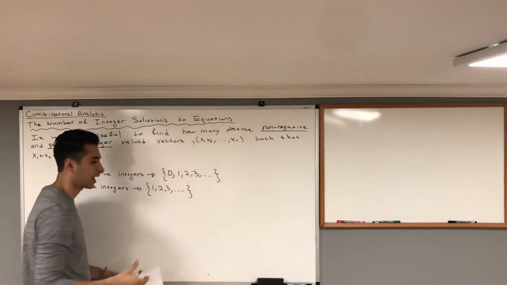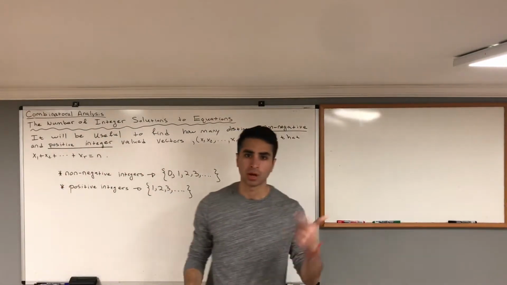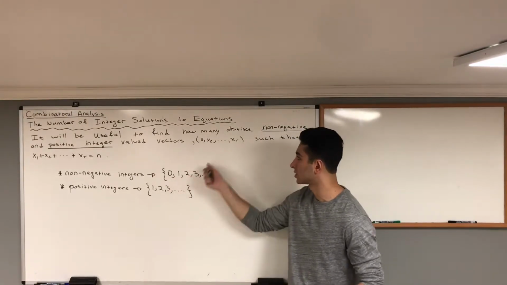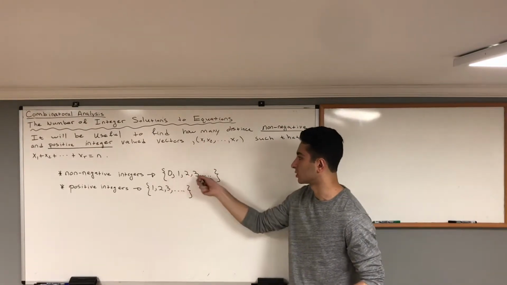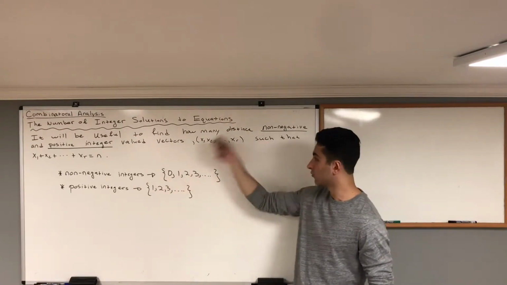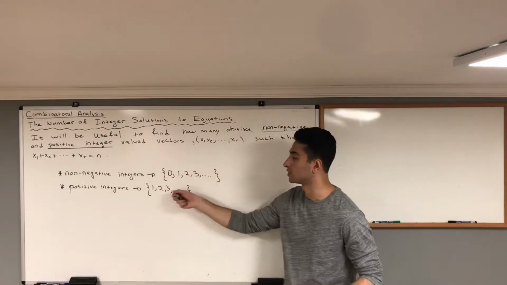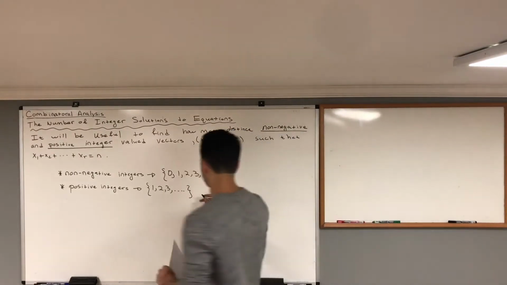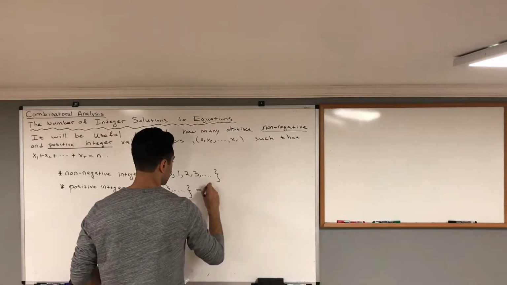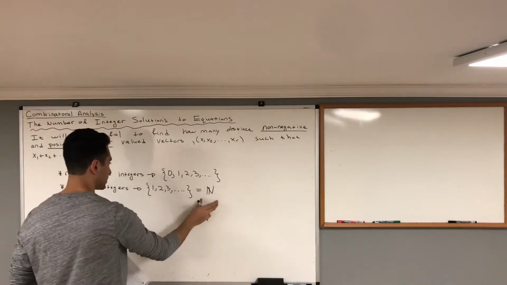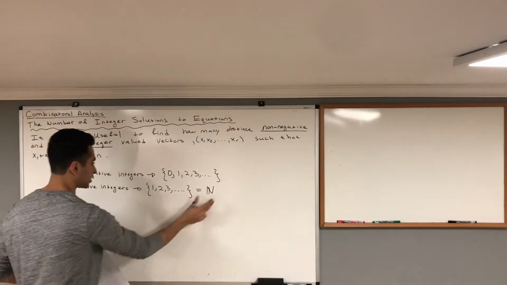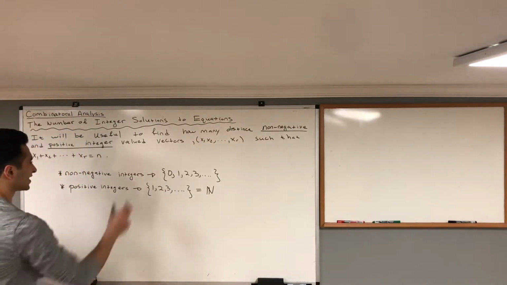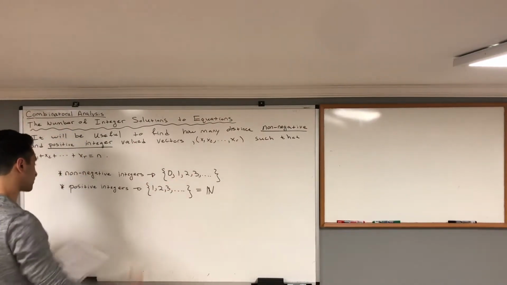It can't have pi or 1/2 or 4/5. So this list can only include these numbers if we're talking about non-negative. If we're talking about positive, it only can include these numbers. So also this is known as the natural numbers, okay? So, don't worry about this. This just means that, and that just means that. This is the set of natural numbers. And this is the set of non-negative integers.